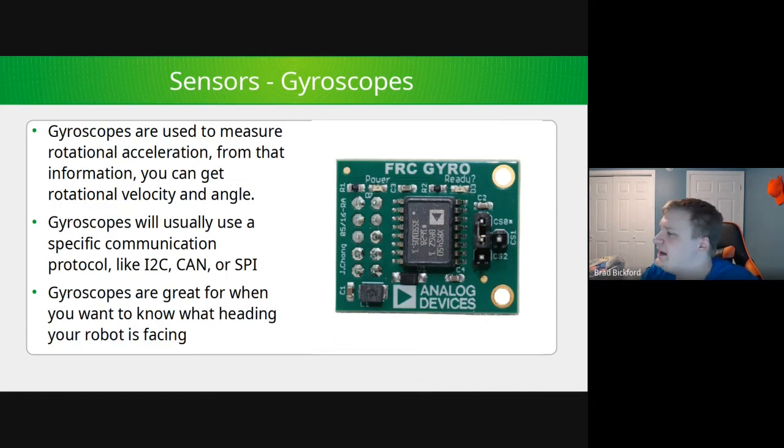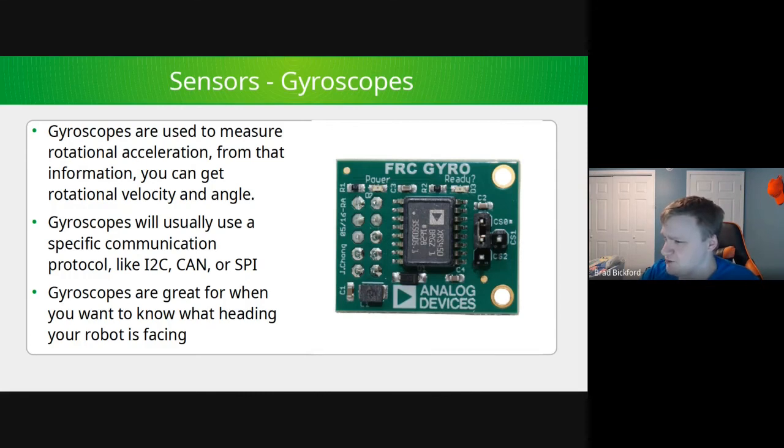But I believe this one just provides the RoboRio with an angle, and then the code written for the RoboRio does the calculation of velocity and displacement of angle.